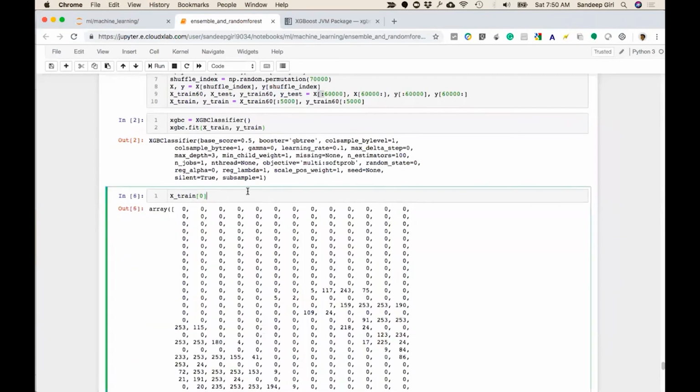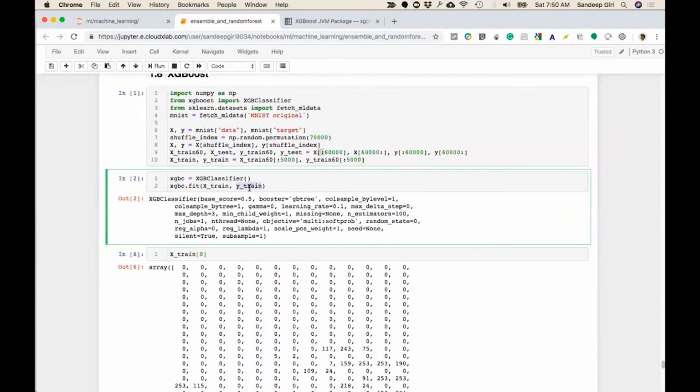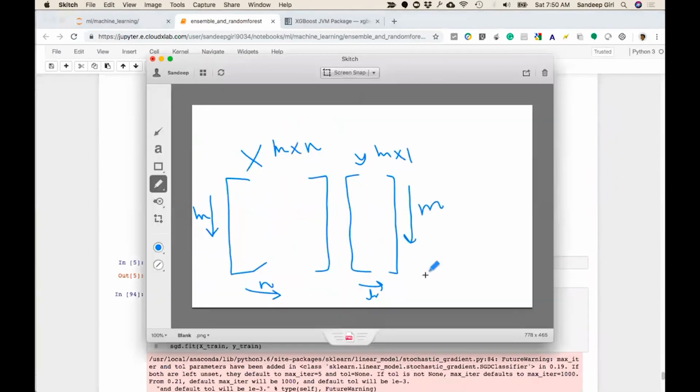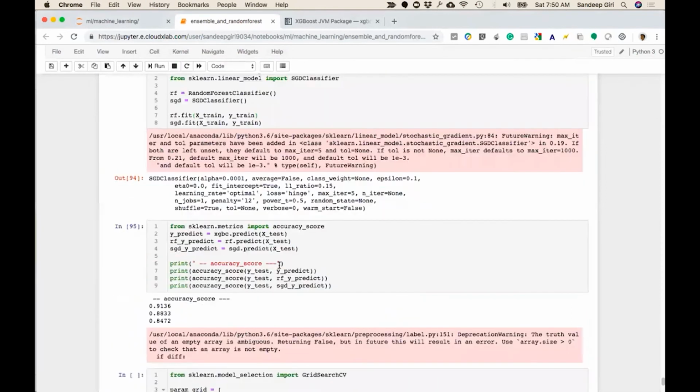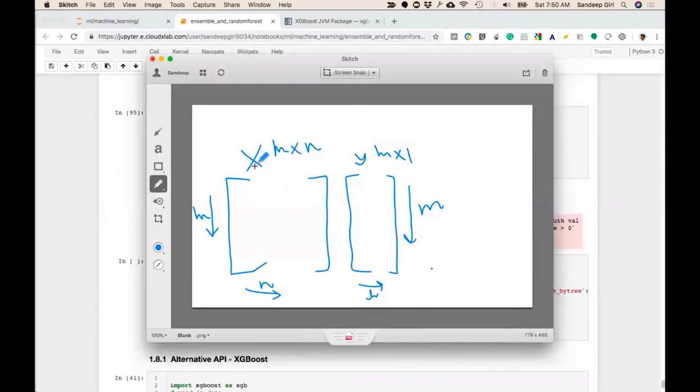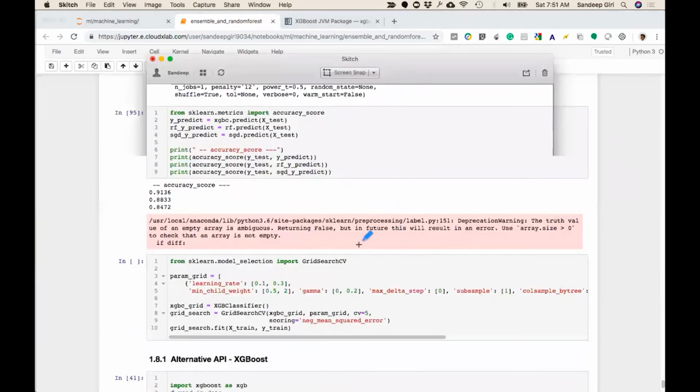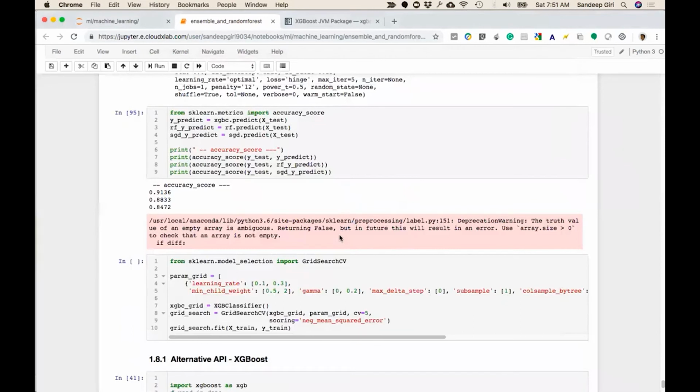What you notice is that this Y is a single column, and that's also acceptable. So Y could be a single-dimension array, and X could be two-dimensional. Sometimes what ends up happening is that X only has one column. In that case, you'll create a single dimension and feed it, and that's where the error would occur.